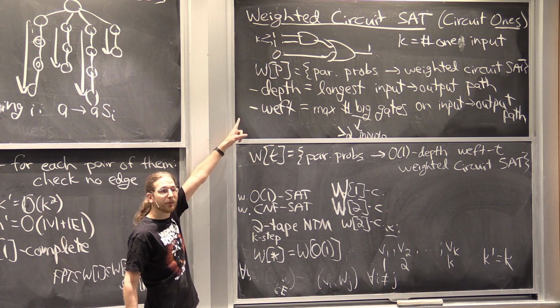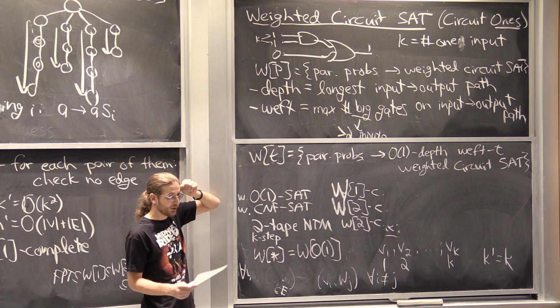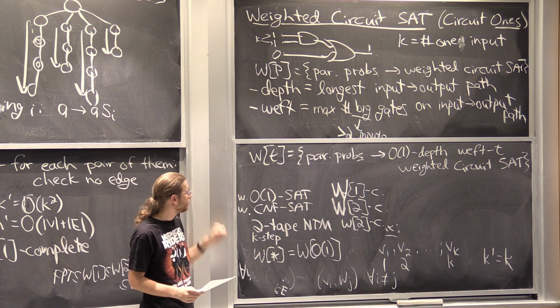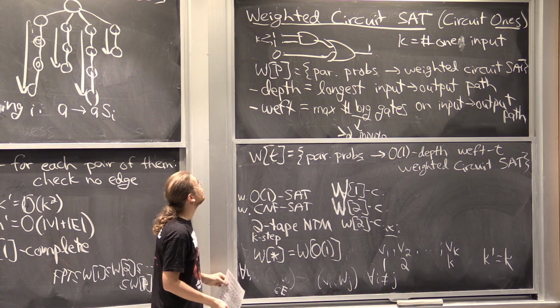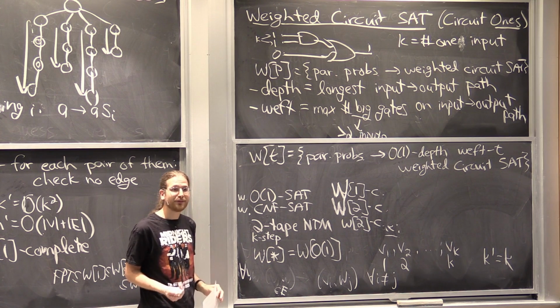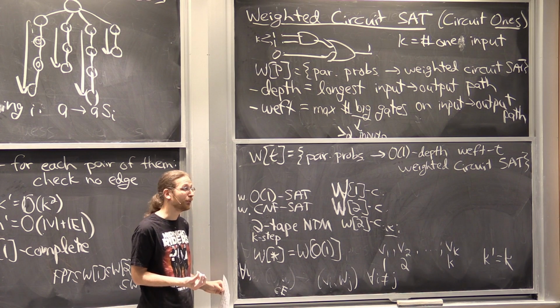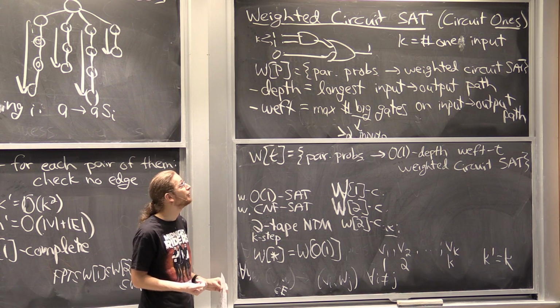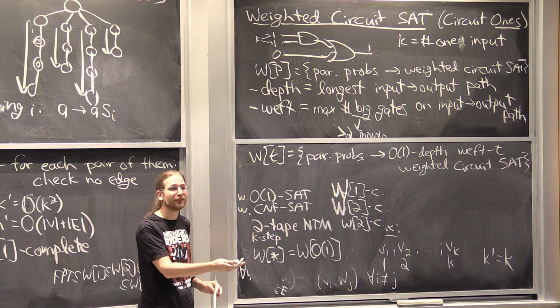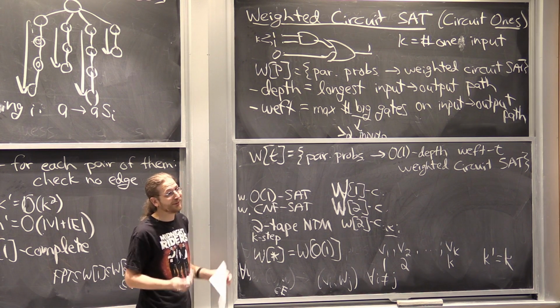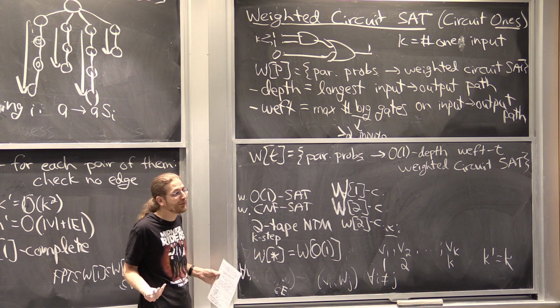I've also seen WP come up. And there's also a problem called WSAT, which is if you have weighted formula SAT instead of weighted circuit SAT, you get WSAT instead of WP. I think it's a little weaker because in circuit SAT you can reuse things, and in formula SAT you can't, and it turns out to give slightly different classes. So things are messier here.